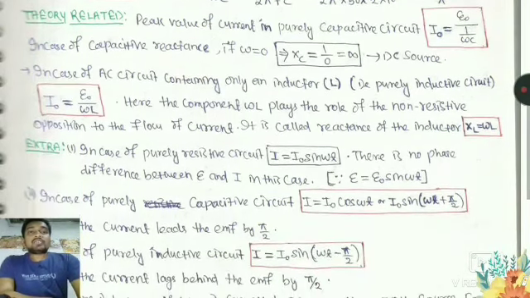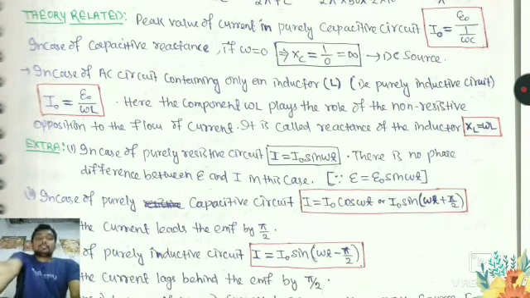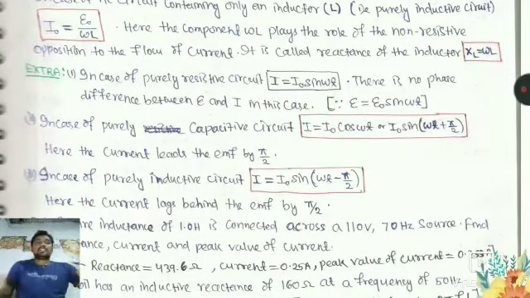But in case of circuit containing only an inductor, that is purely inductive circuit, I naught equal to E naught by omega L. I have told earlier, inductive reactance XL equal to omega L. Here the component omega L plays the role of the resistance.